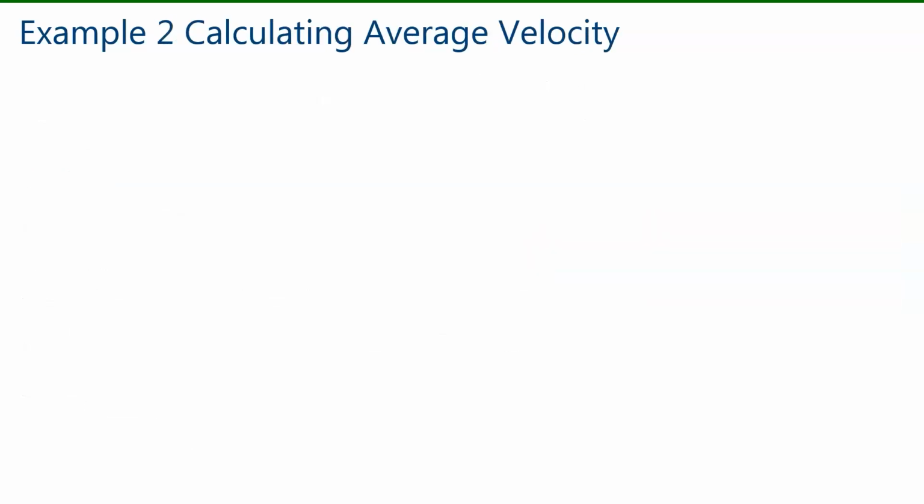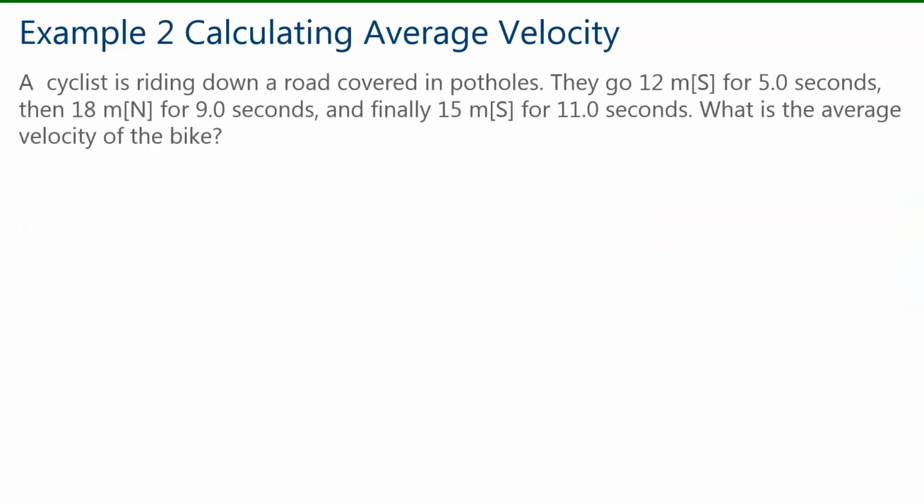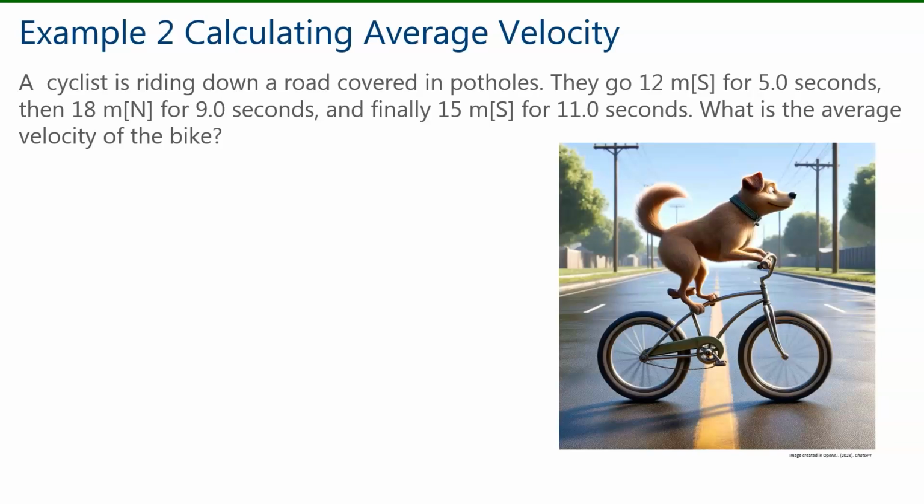Let's try another example. A cyclist is riding down a road covered in potholes. They go 12 meters south for 5.0 seconds, then 18 meters north for 9.0 seconds, and finally 15 meters south for 11.0 seconds. What is the average velocity of the bike? First, let's see what information we're given in this problem.